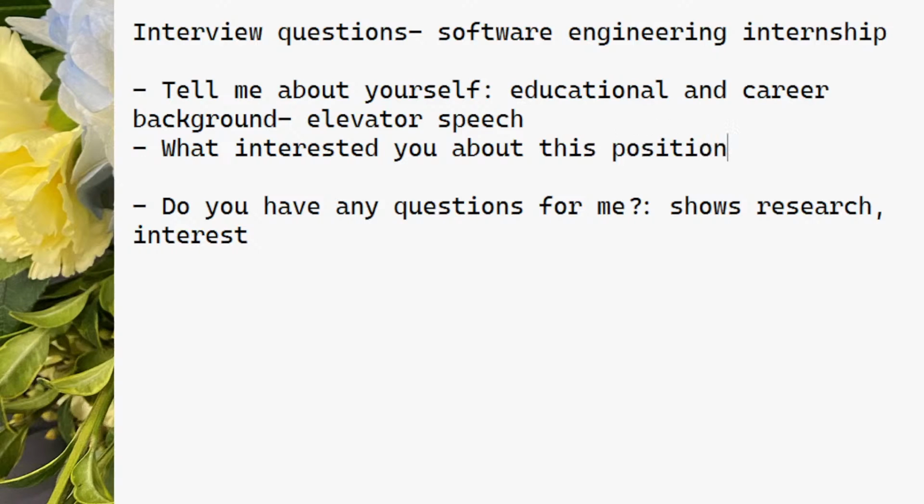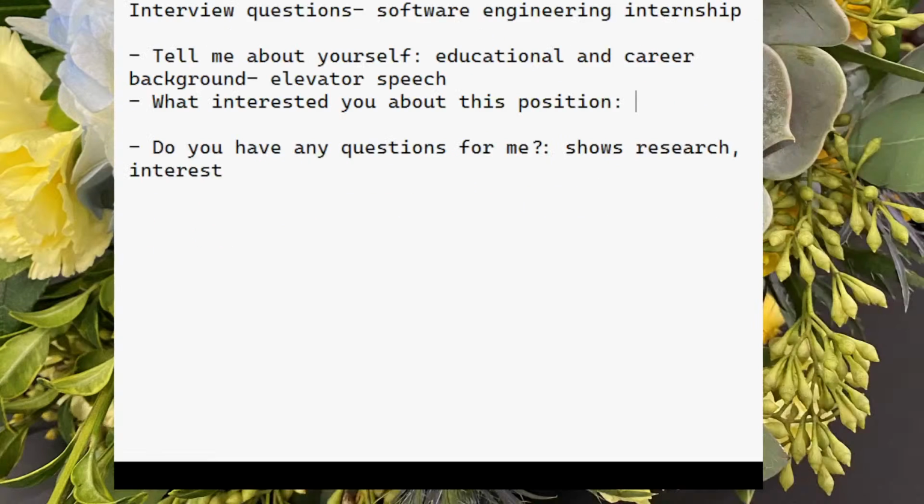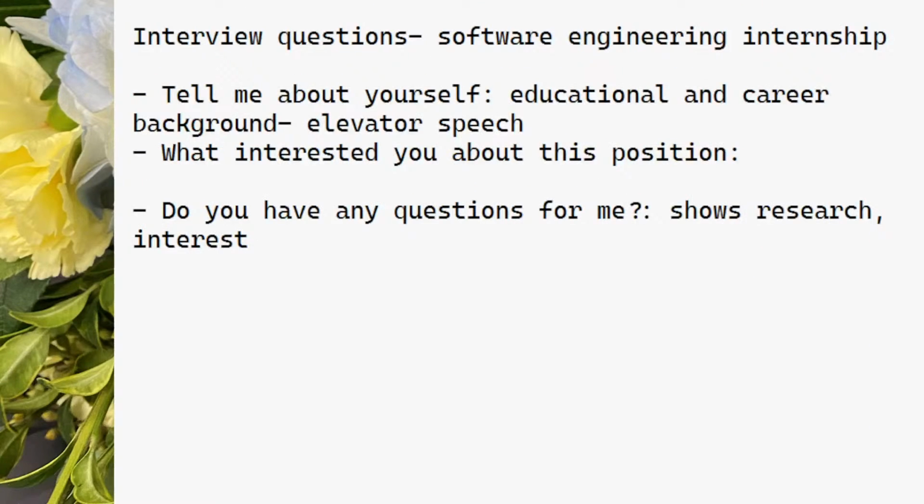So this question is so that they understand what the connection is between your educational and career background and the mission of the company.